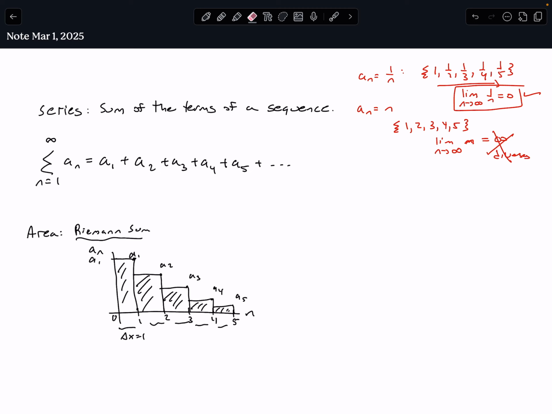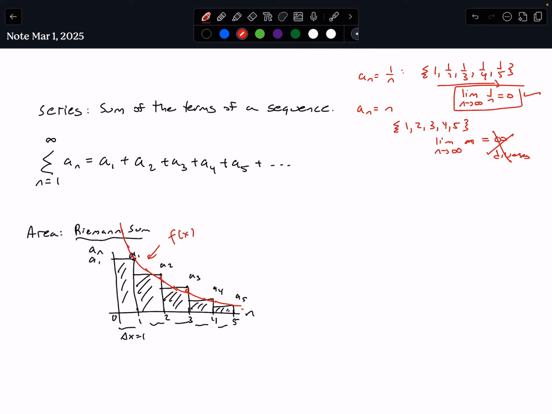Rather than looking at a Riemann sum, one way I can approximate my area is to use an integral. So what I'm going to do is connect these dots right here, like so, all those little points right there. I'm going to call this function here in red f of x.